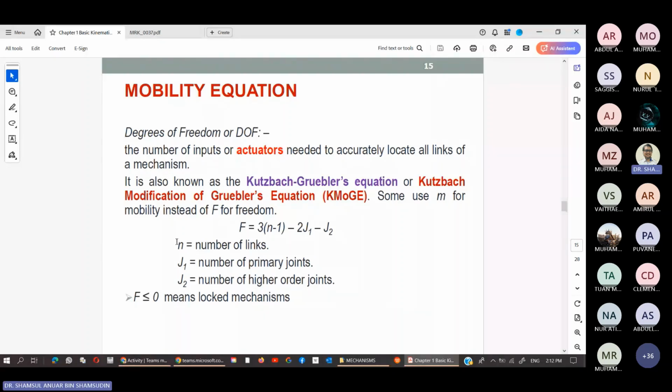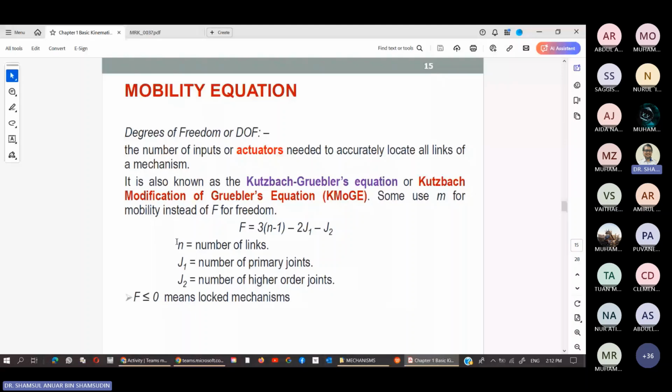It's not the same as the mobility program that some of you participated in. But this is the mobility of the machine, of the mechanisms. In how many ways is it able to move freely? In how many ways can it move independently? Even though you see all the other links move, actually they are not independent.